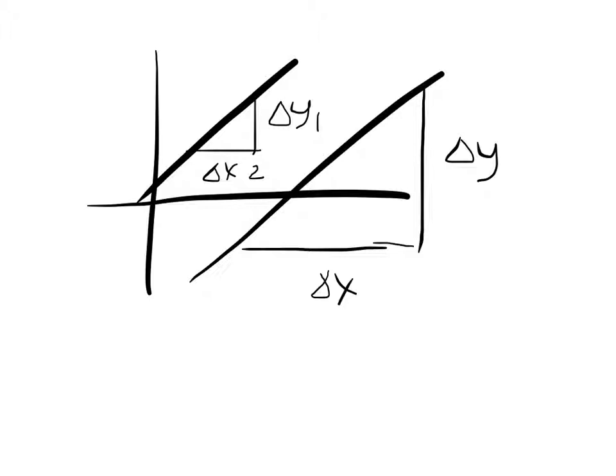And if that's true, then if I've got horizontal and vertical lines forming right angles, if I look at those two triangles that are formed here and here, I have similar triangles by the side-angle-side triangle similarity theorem. You might remember that from geometry.